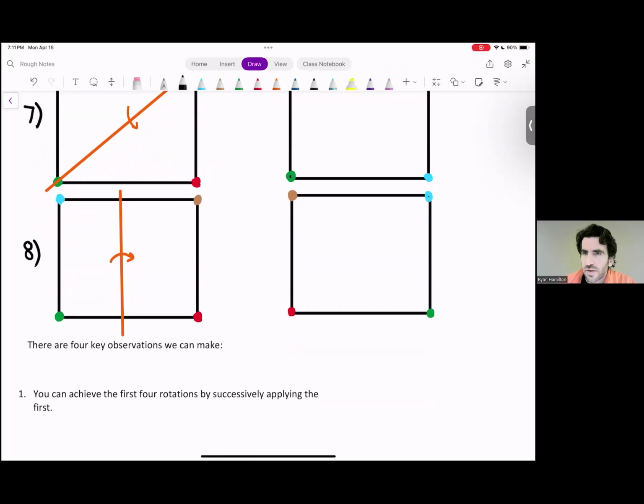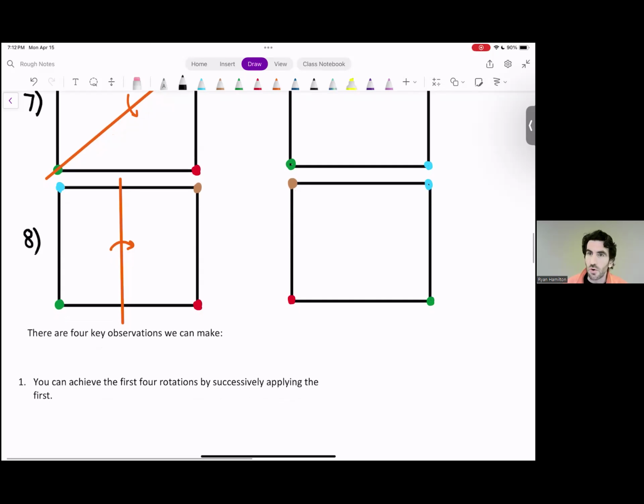The first one is, when you start rotating, if you rotate, say, 180 degrees, that's the same as rotating 90 degrees twice. And if you rotate 270 degrees, that's the same as rotating 90 degrees 3 times. And finally, if you rotate 90 degrees 4 times, that's the same as rotating around to where you started.